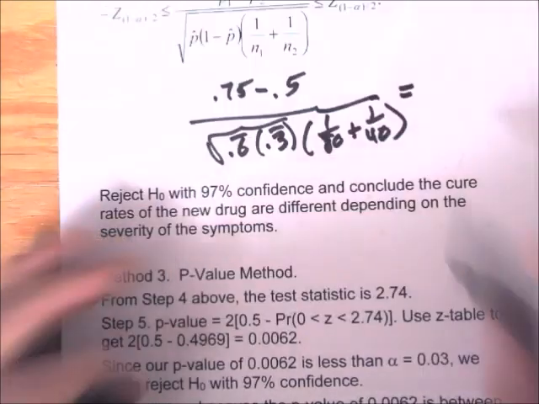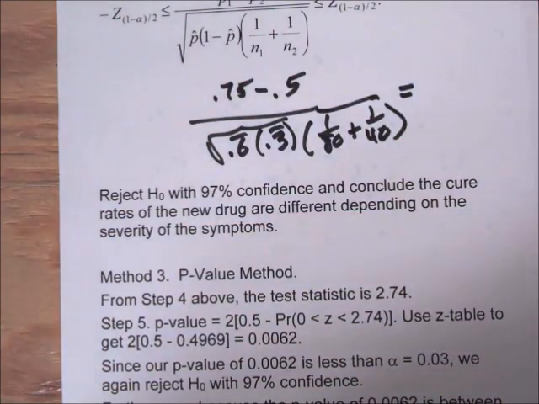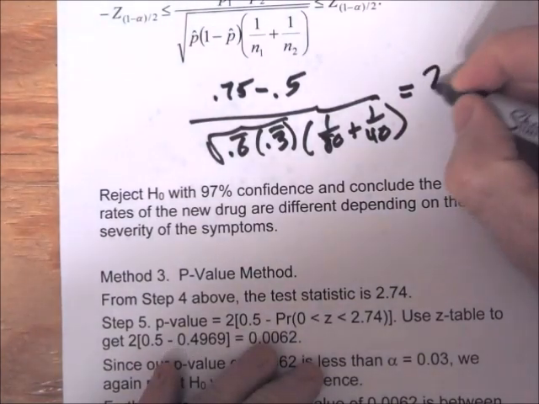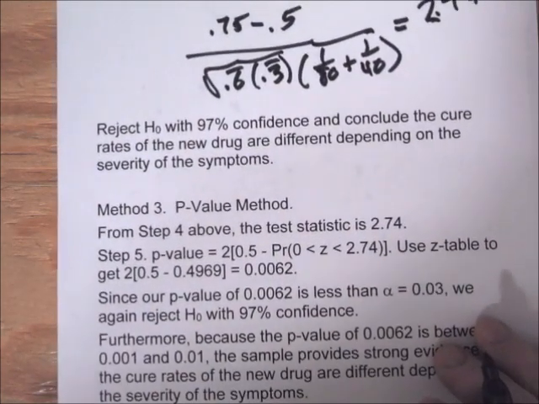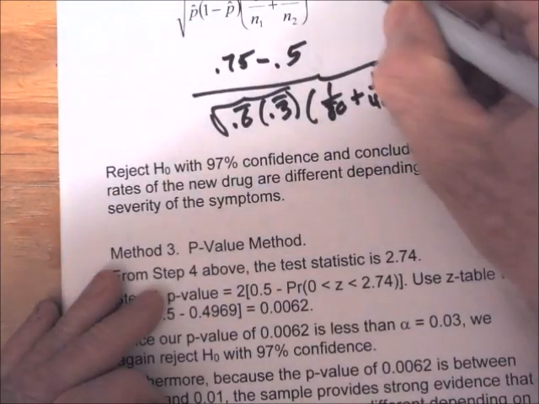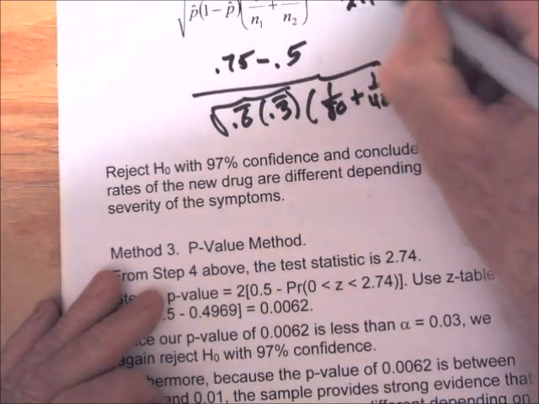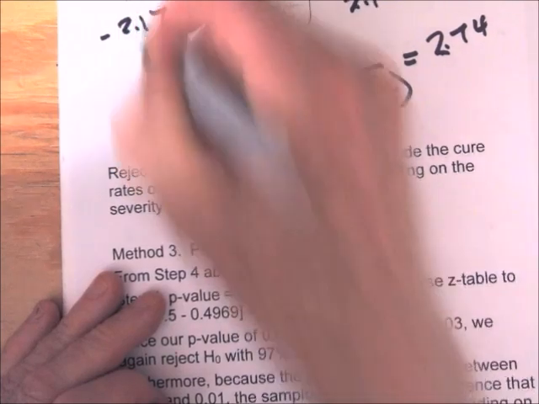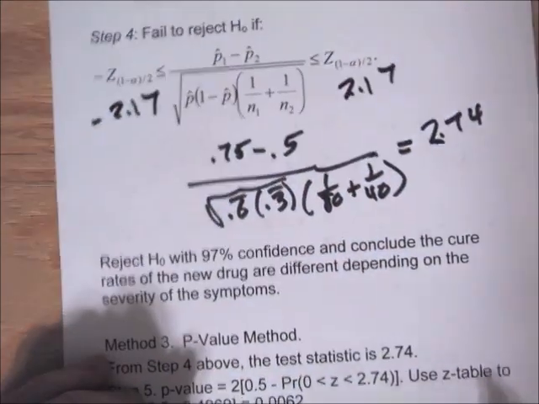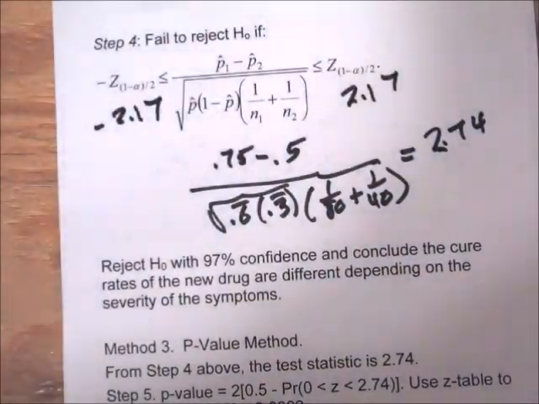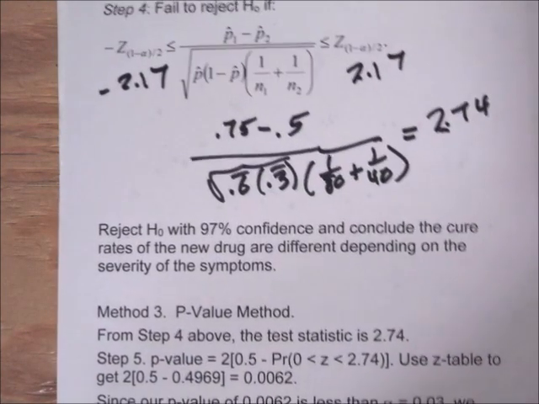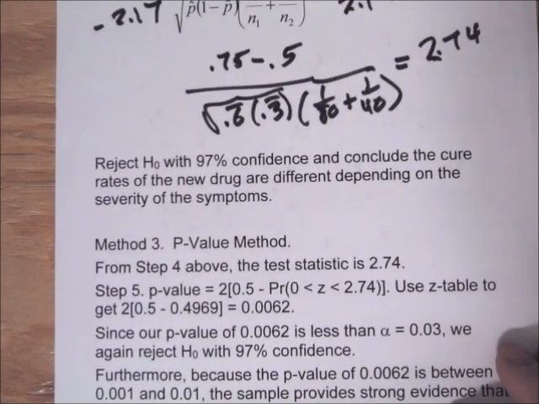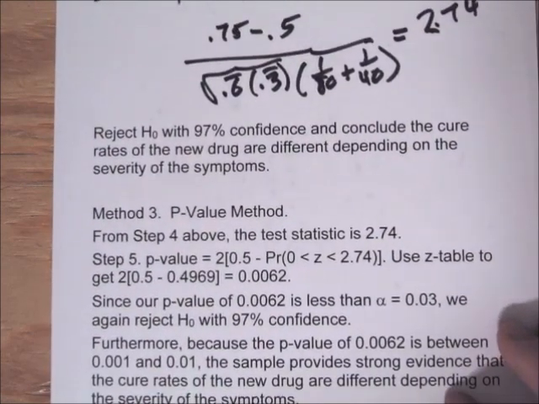So this comes out to be approximately 2.74. And the critical values are plus or minus 2.17. So 2.74 is not between the two critical values. That means we reject H0 with 97% confidence, and conclude the cure rates of the new drug are different depending on the severity of the symptoms.